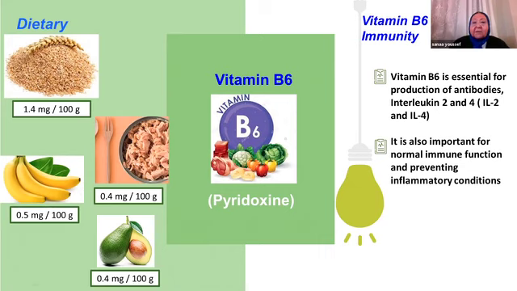And B6 is usually present in the whole grains, in the banana, and in the avocado, and is also present in types of fish. So this is very important, and you have to go to it to supplement and support your patient.